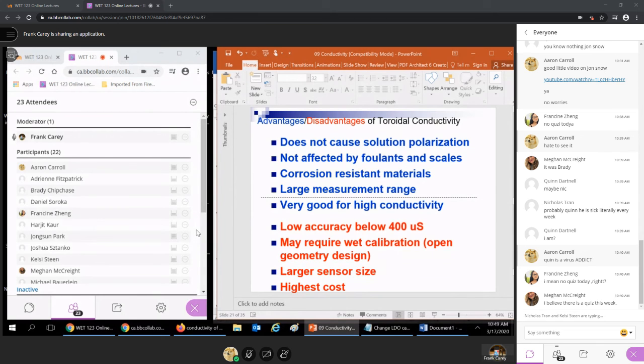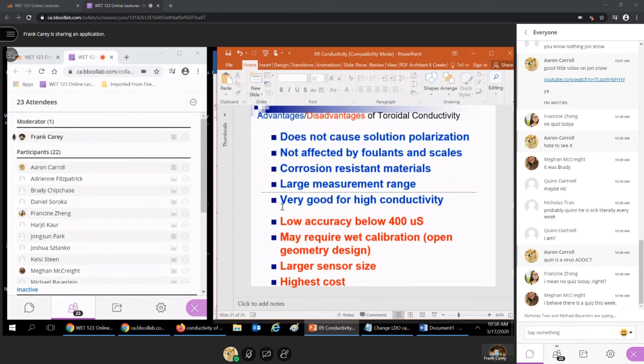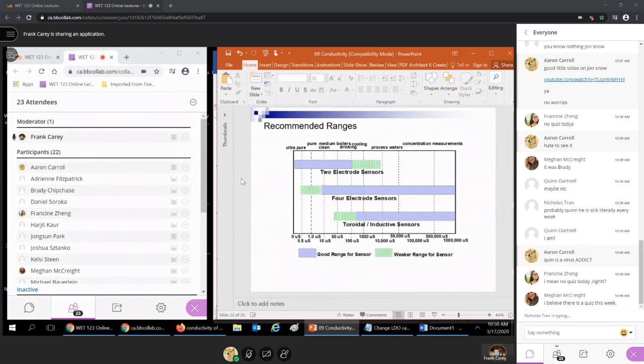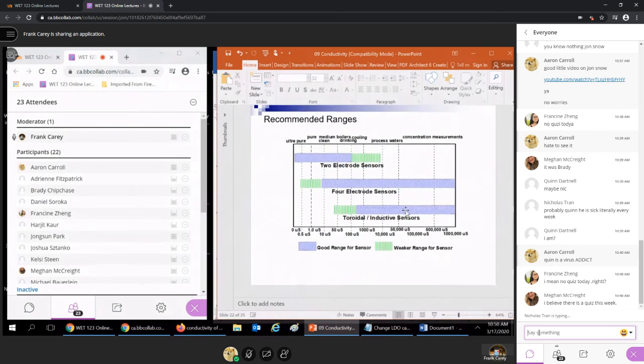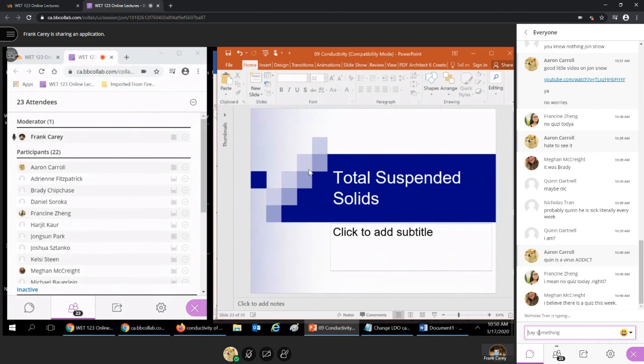They're also pricey, very expensive, and you also need flow, whereas with the probes, you do not need liquid flow. Good enough. So this just shows the range that they can measure. For pure water, you want the 2 electrode. That looks like time. Unfortunately, we'll have to leave it here. Total suspended solids.